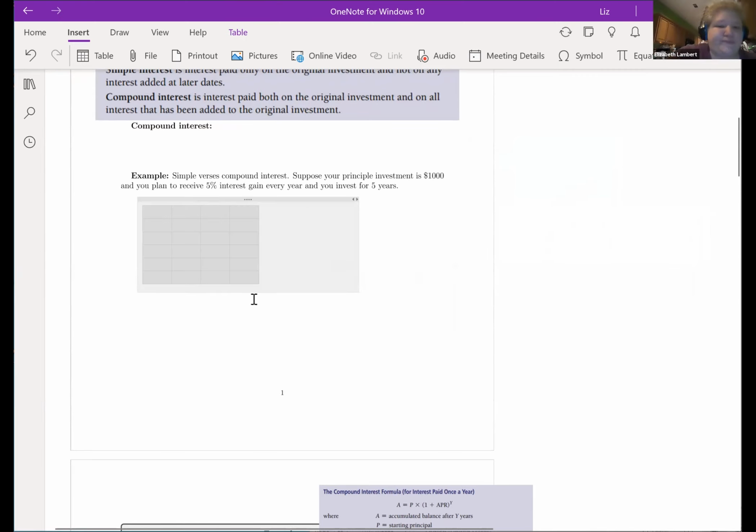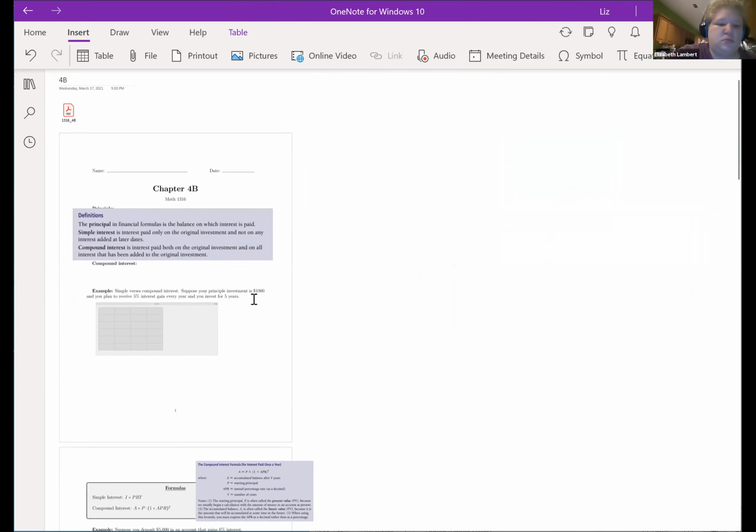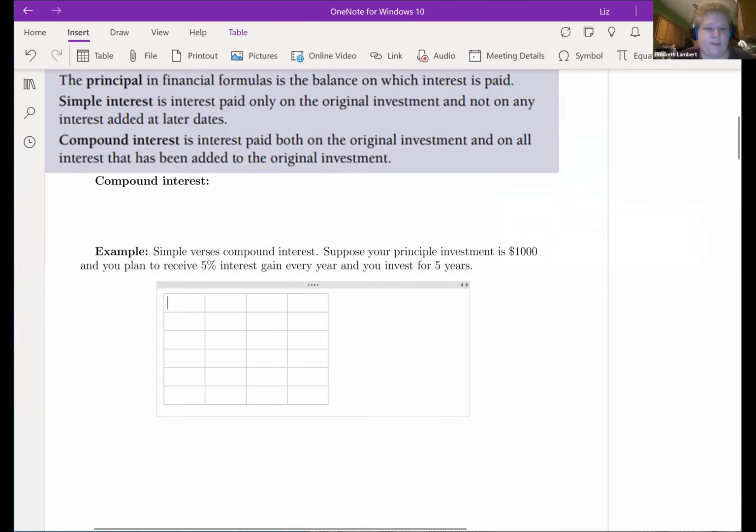All right. Whoa, where'd everything go? Oh, seriously. Man, tables get buggy.